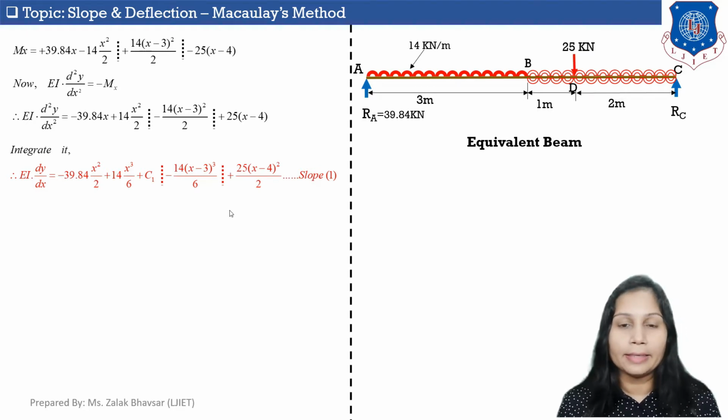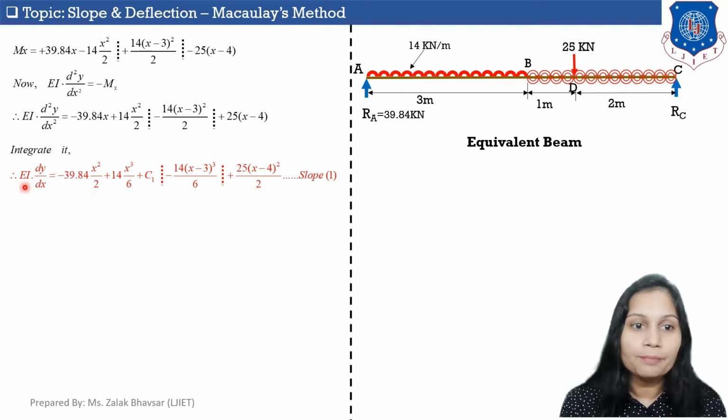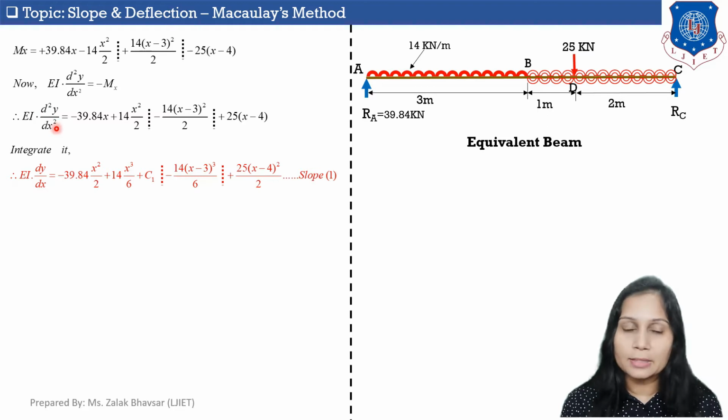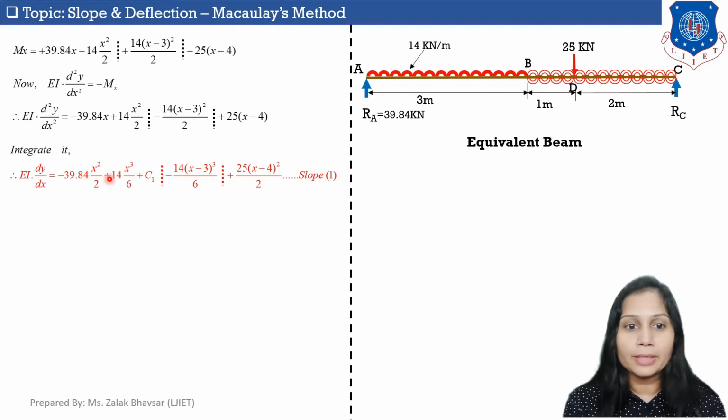So if we integrate this differential equation, then we will get EI dy/dx, the integration of d²y/dx², is equal to minus 39.84 times the integration of x, which is x²/2, plus 14 times the integration of x², which will be x³/3. 3 multiplied with 2 we get 6, so 14x³/6 plus C1.